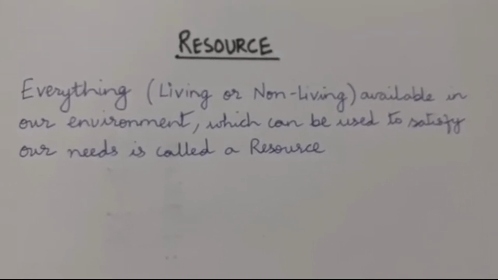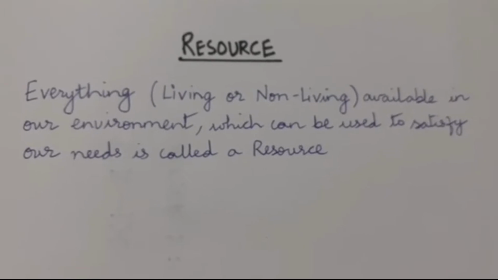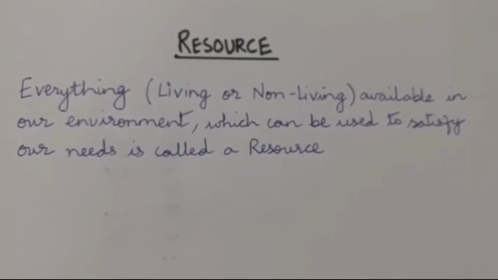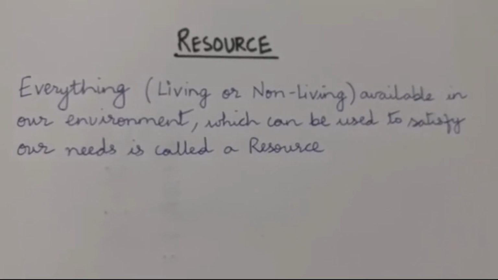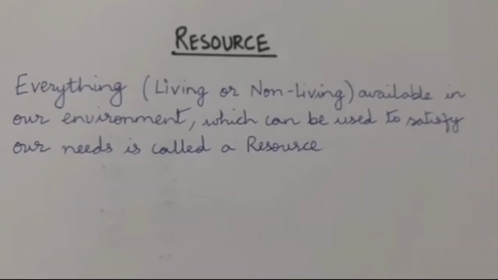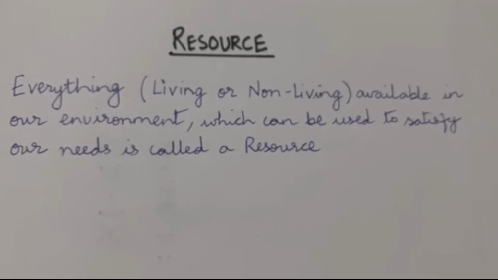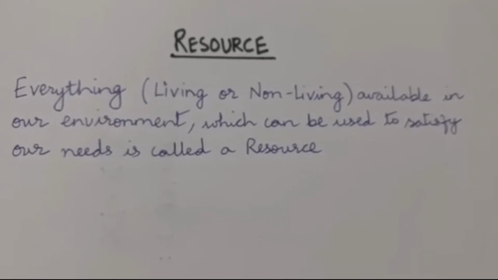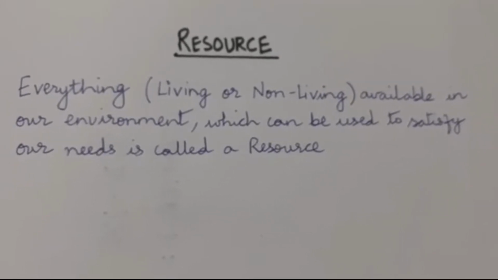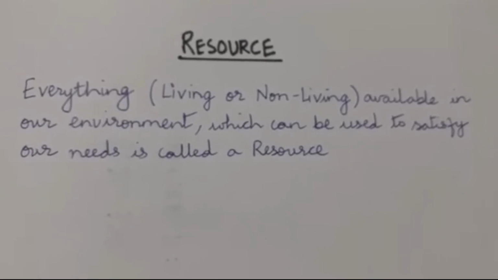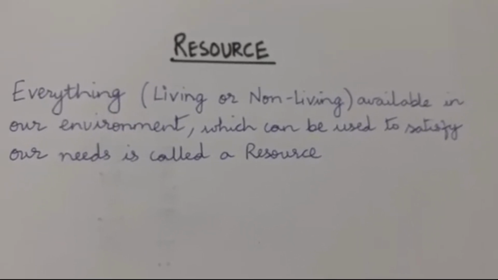Now, you can see on the board, everything living or non-living. Living things, examples: plants, animals, humans, and non-living things like soil, water, air, available in our environment, which can be used to satisfy our needs, is called a resource.